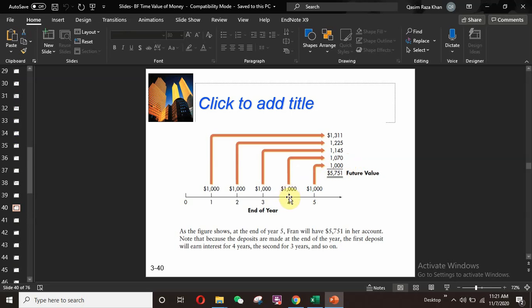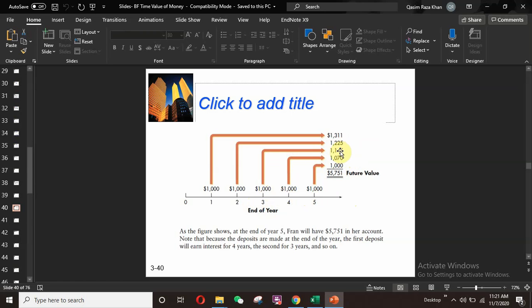And if you see that in the fourth year you deposit 1,000, this 1,000 generates a return of $70, and the total amount is $1,070, because this amount has been used over 1 year and is generating revenue for you, $70, which is higher than the last payment. And in the third year, the payment is generating a little bit higher revenue than the previous year, because this deposit has been utilized for 2 years.